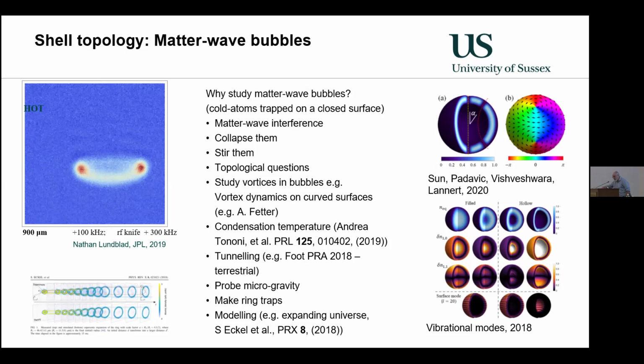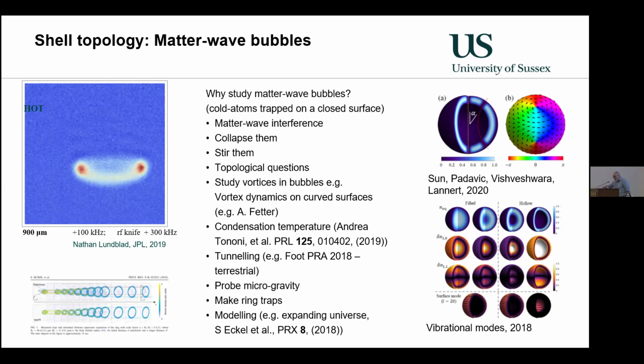The condensation temperature on a bubble surface is going to be different from normal condensation temperature. So the topology changes the condensation temperature. This was an interesting result that came out already in 2019. People are interested in tunneling between multiple bubble surfaces, concentric bubbles, for example.